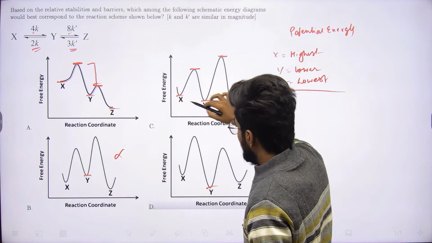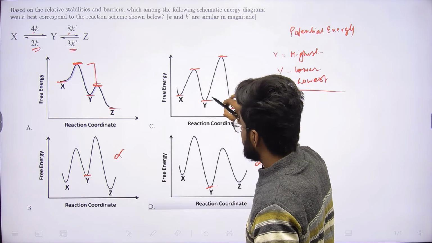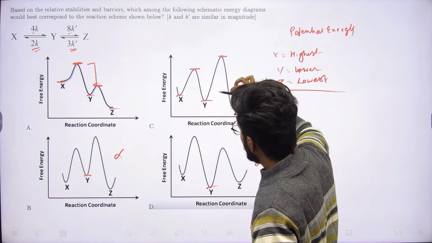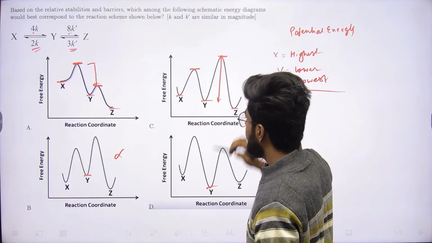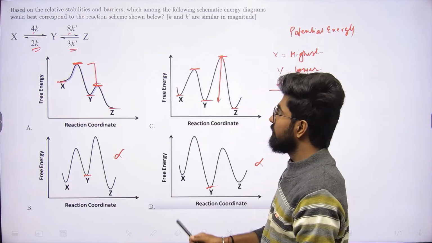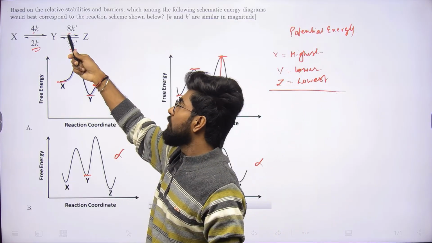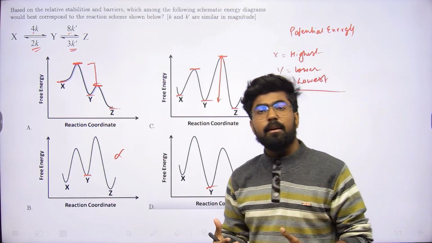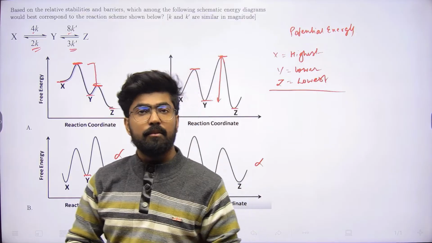It means that according to this graph or curve, the transition state that forms between Y and Z has a very high activation energy. If it is so, then how could the rate be faster? Because you know that the rate of a chemical reaction directly relates to the activation energy, right?